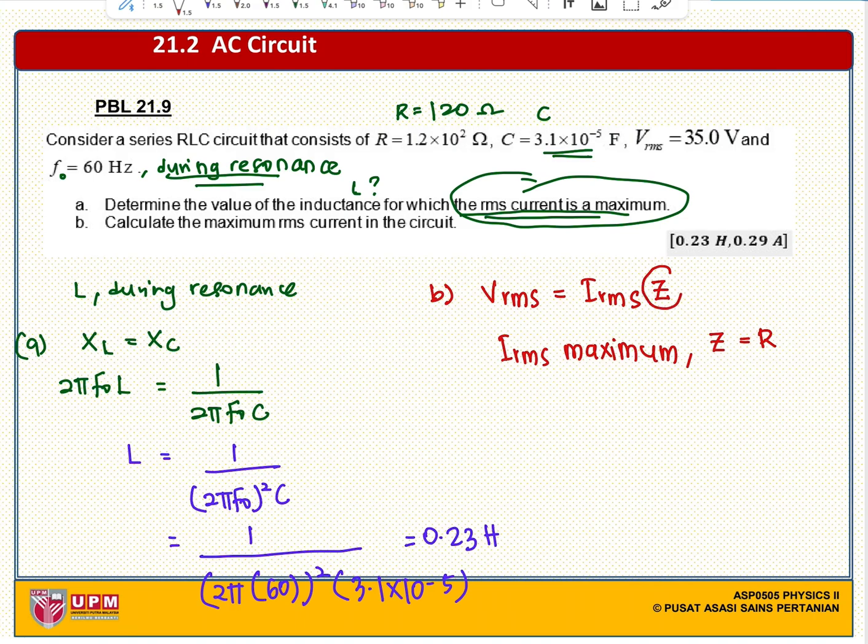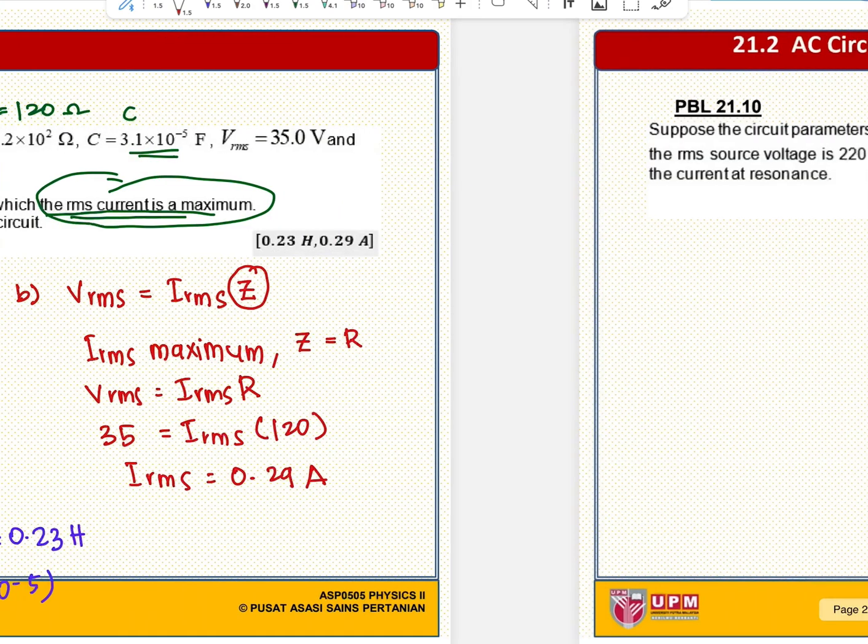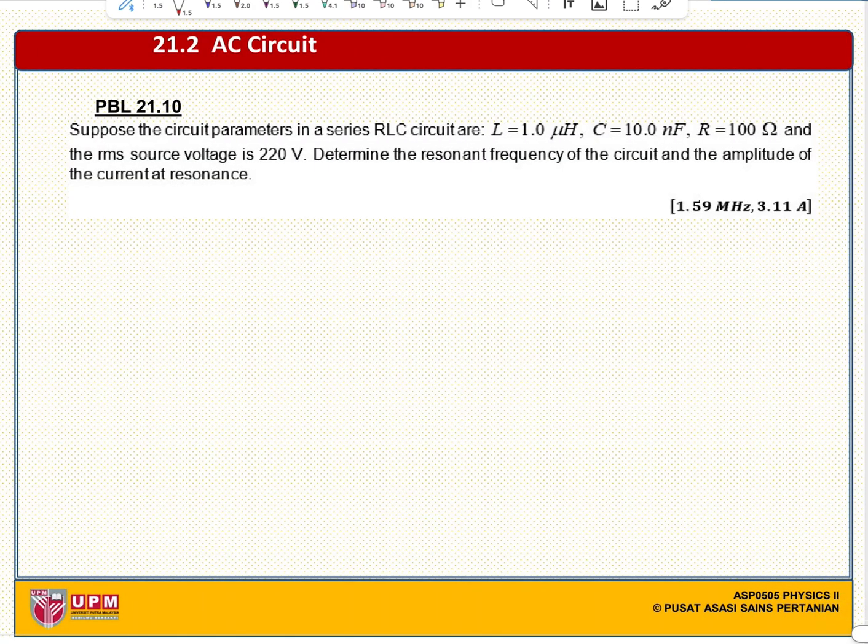So you can change this to R. So VRMS equal to I RMS times R. Your VRMS is 35, the current we want to find, and your R is 120. So you will get your I RMS equal to 0.29 ampere.